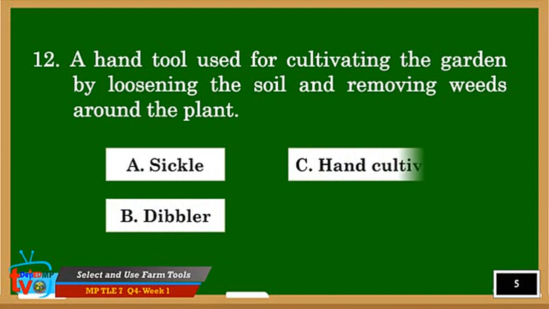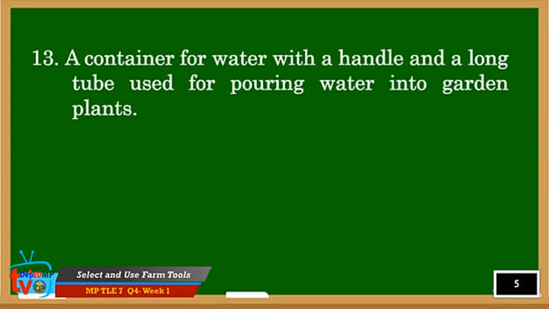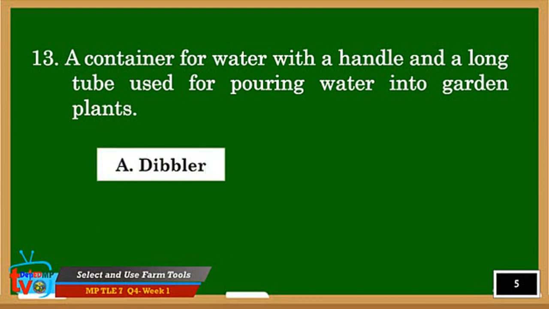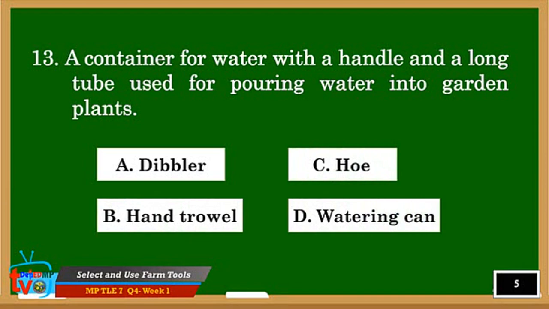B. Dibbler. C. Hand cultivator. D. Hand trowel. 13. A container for water with a handle and a long tube used for pouring water in garden plants. A. Dibbler. B. Hand trowel. C. Hoe. D. Watering can.